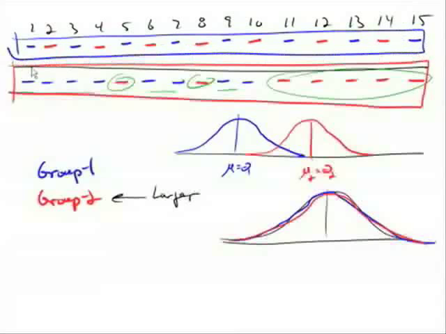Because clearly if I add those ranks up, the sums will be very similar. Okay, in a nutshell, that's what Wilcoxon rank sum does. It simply puts the data together, transforms them into ranks, separates them, adds the ranks and says, hey, are these similar or not? And that's it.